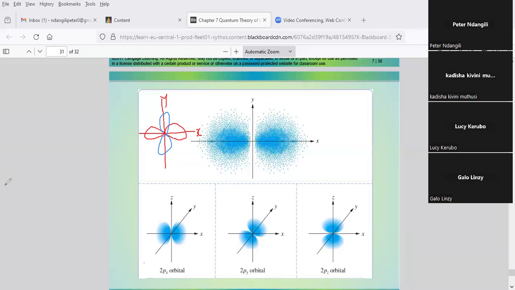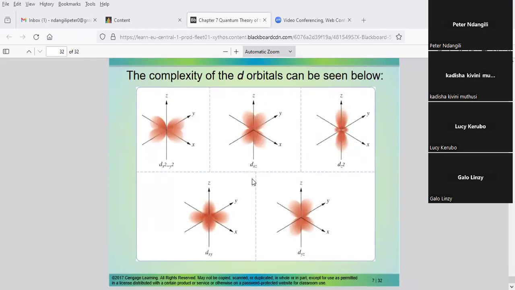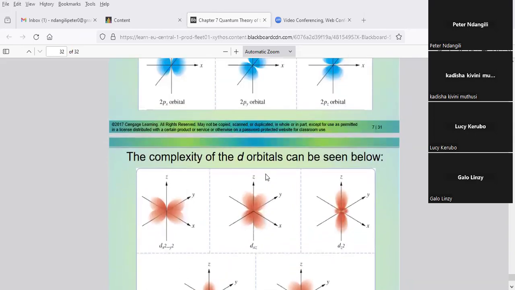Another question? Okay. So what I want to show is the d orbitals. There are 5 of them. We have dx squared minus y squared. You will see the lobes lie on the x and the y.